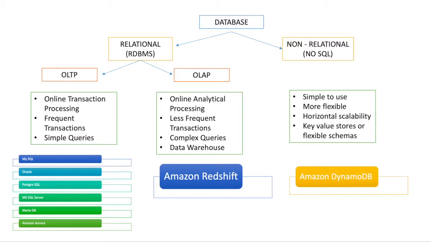Otherwise, the differences that traditionally exist within other database engines stand true here as well. The other question usually asked is related to Amazon Redshift and Amazon DynamoDB. Redshift is the specific database engine used for analytical purposes. Whenever a question comes related to analysis or data warehouse, you should always go for Amazon Redshift. And for non-relational databases, it is Amazon DynamoDB. So questions are usually asked around these three: Amazon Aurora, Redshift, and DynamoDB.